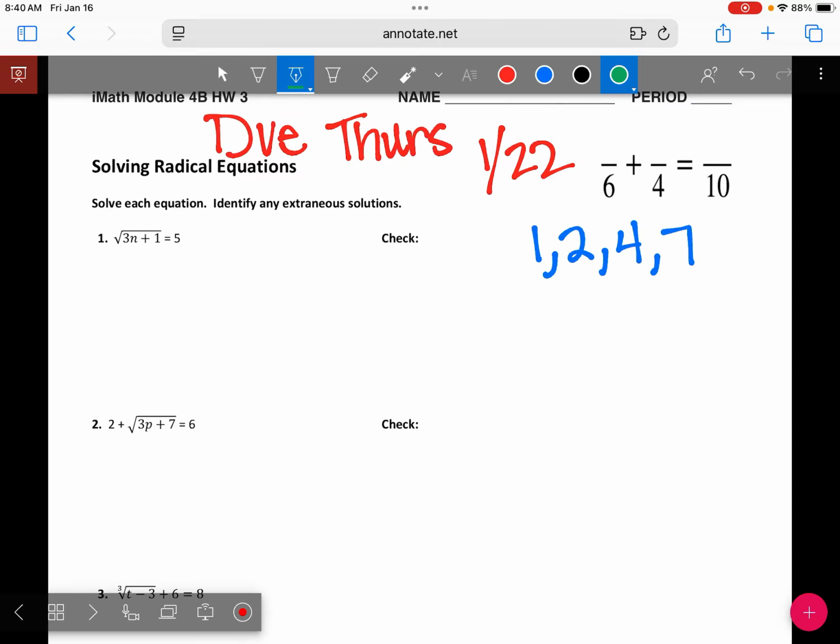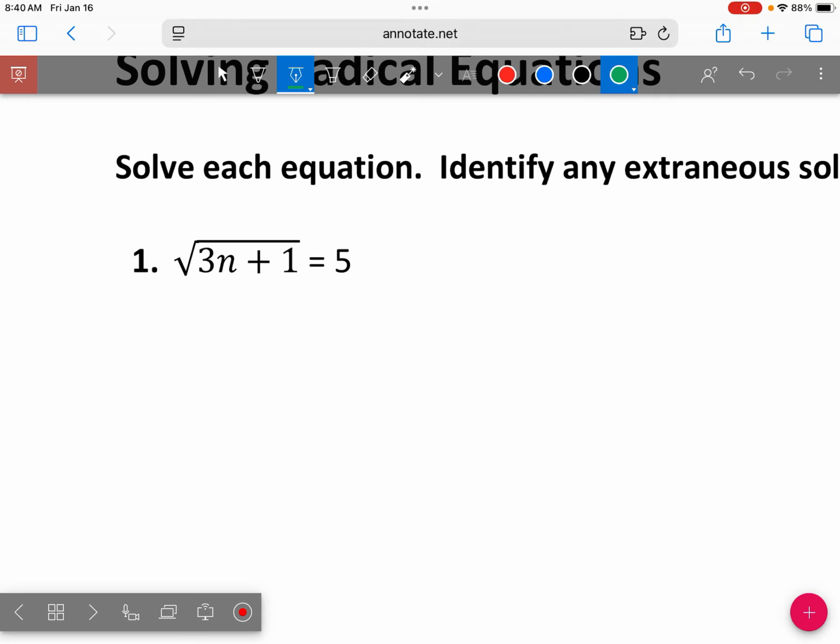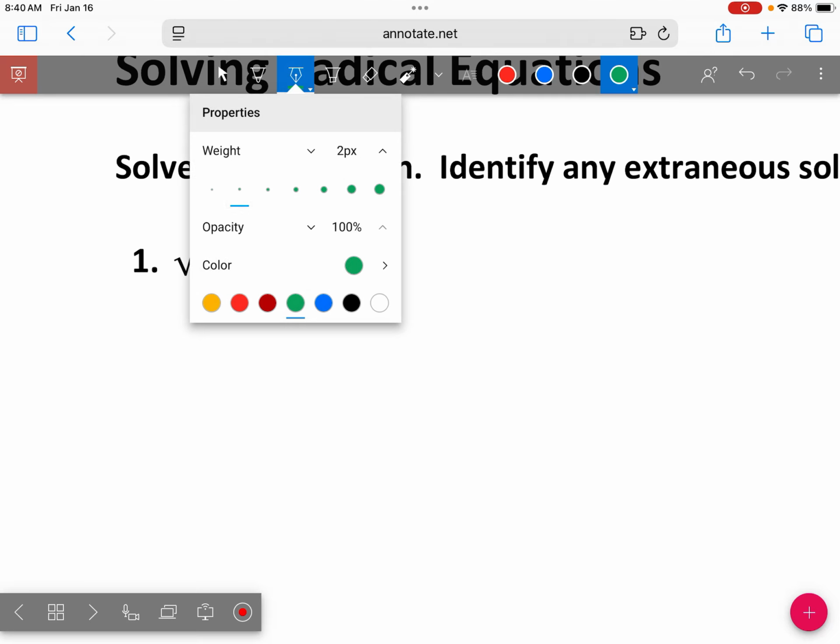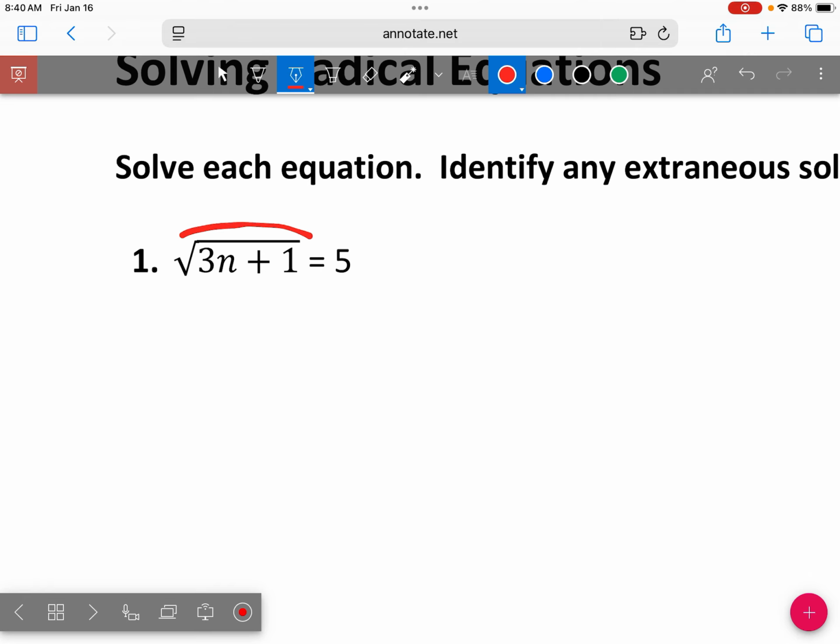So looking at question 1, can we square both sides? Do we have any imposters? Is that radical by itself? So right here, is anything over there except for that? No. We can raise the roof. How do we raise the roof? We raise it to whatever number is in the elbow, which in this case is a 2 because we don't see anything.